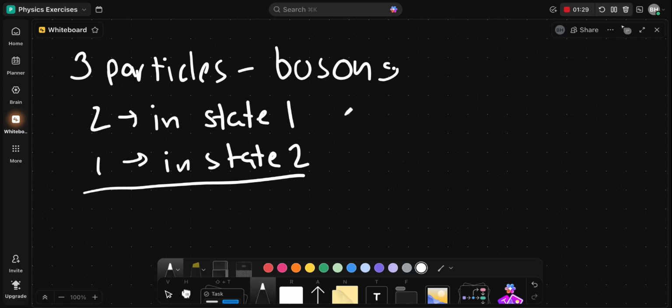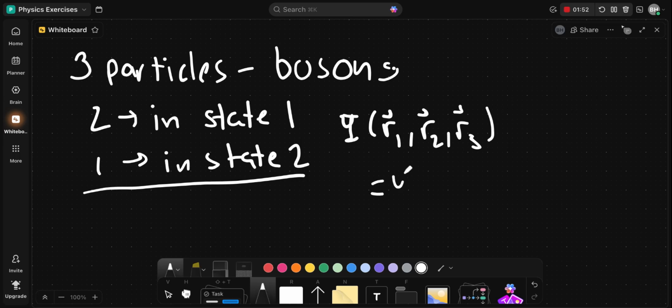Obviously we're going to have a wave function. Let's denote it psi of r1, r2, and r3, because we have three particles. This wave function has to obey the following condition: if you exchange any two sets of coordinates, you get the same thing. So it should be equal to psi of r2, r1, r3.